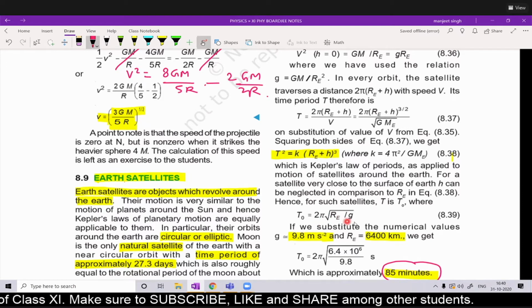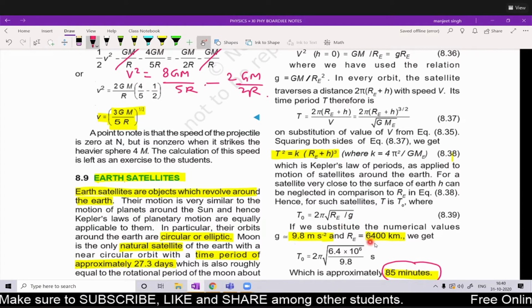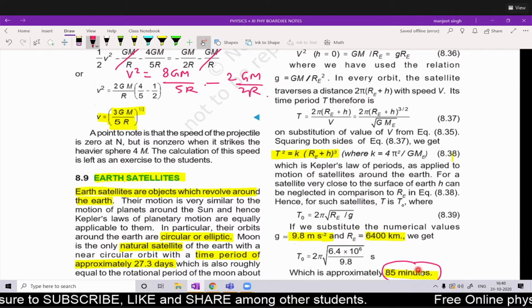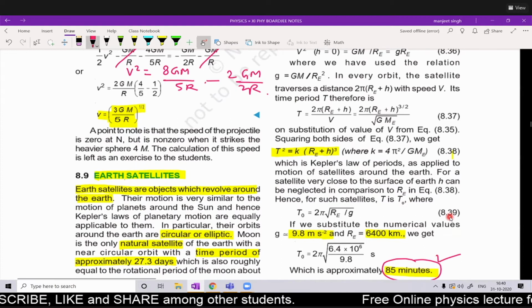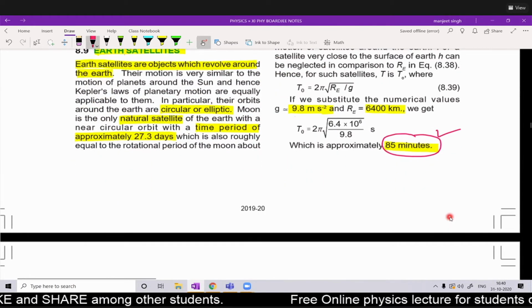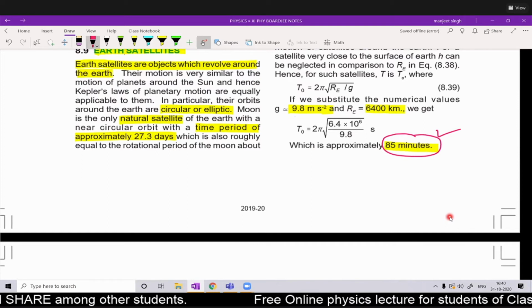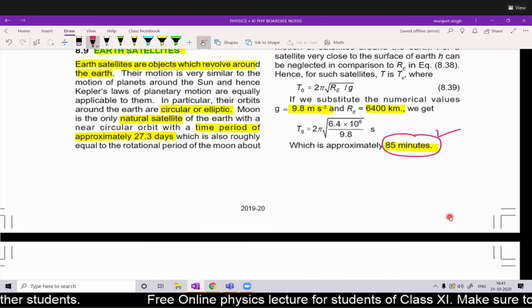So 2 pi into root of RE by g. g value is 9.8, RE is 6400 kilometers. Put the values, you will get approximately 85 minutes. Such satellites will have a time period of 85 minutes, which is 1 hour and something. So it is not a big task for these satellites to go around the Earth in a very small time period.